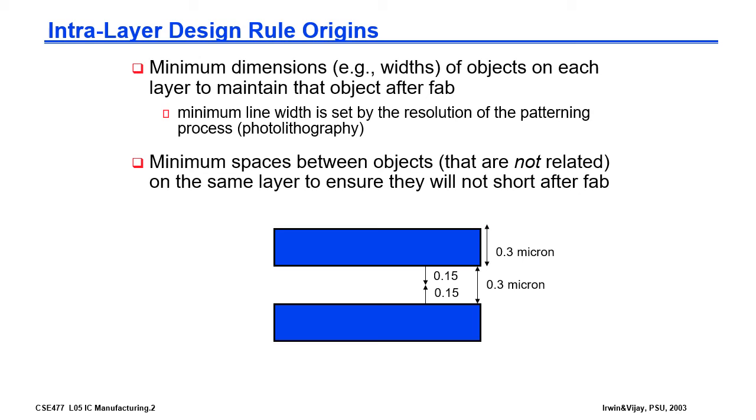Okay. So for minimum dimension, or the width here, for each object, each layer to maintain that object after fabrication. So let's say we have these two metals, metal 1, and this is also metal 1, but you want to place them next to each other.